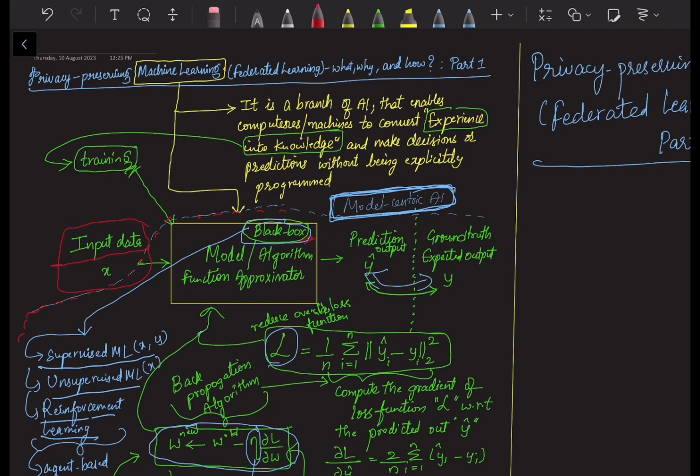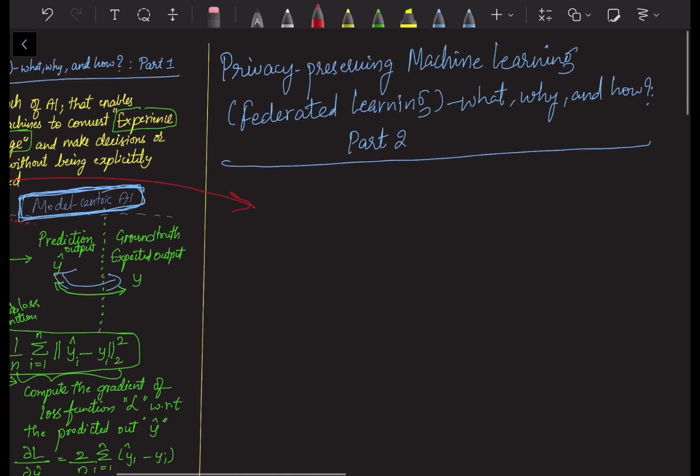So input data, or input to any system or machine or process in general, irrespective of machine learning, is very important. You give good input and expect good output, right? And if you give garbage input, you can't hope that the process will run smoothly. So input data plays an important role in any process or system.